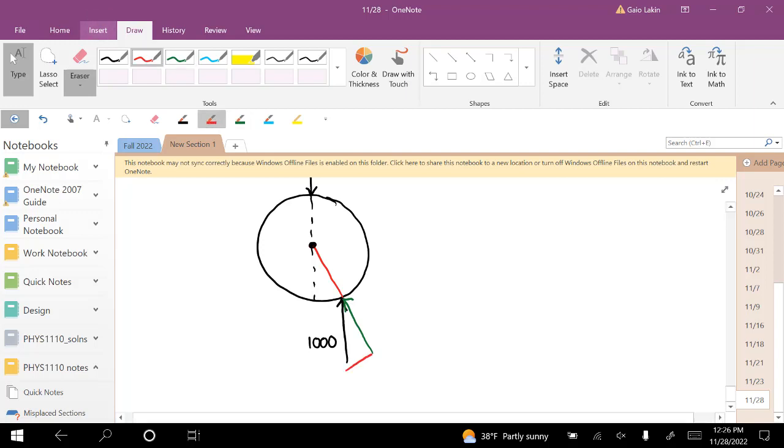We have the friction force that's tangent to the surface of the axle. So this is mu times the normal. This one, the green, is the normal. Theta, theta.